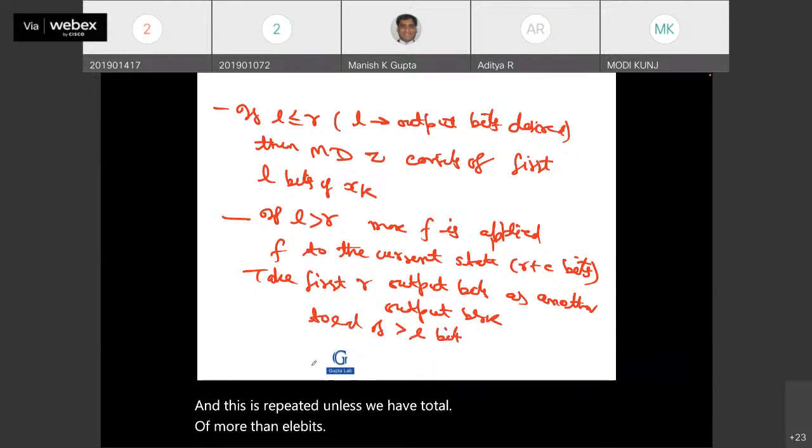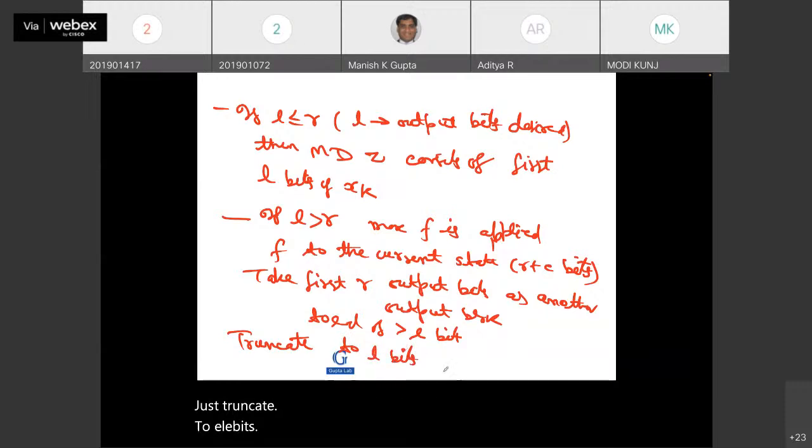Finally, we truncate the concatenation of the output to L bits, so that the desired L bits are obtained.